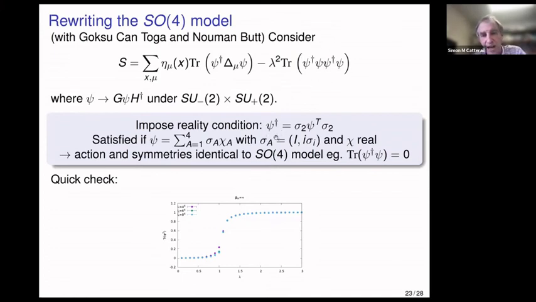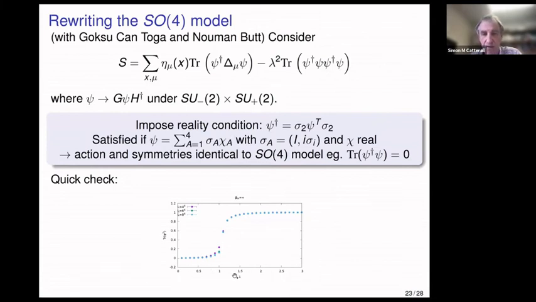And if I impose this reality condition that psi dagger is sigma 2 psi transpose sigma 2, you can satisfy that exactly if you write psi as a linear combination of these 2x2 matrices sigma A, which are basically the unit matrix and i sigma 1. And you can just show this action completely collapses to our old SO4 model with this as an ordinary difference operator. So this is just a rewriting of our SO4 model if I impose this reality condition.